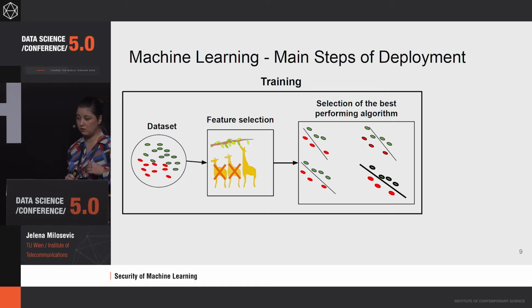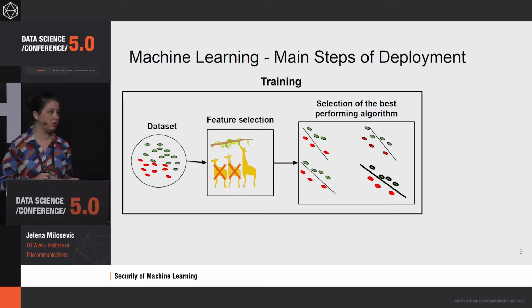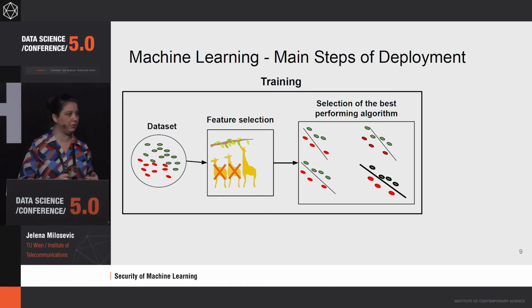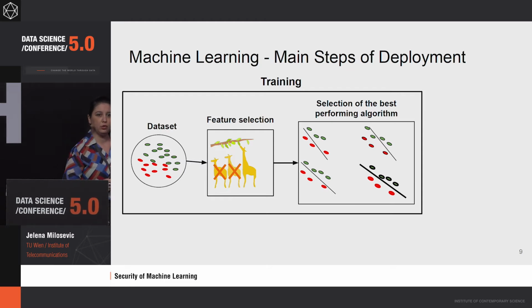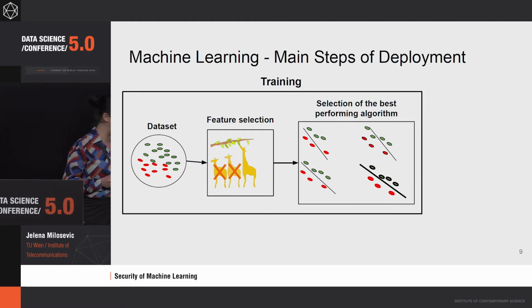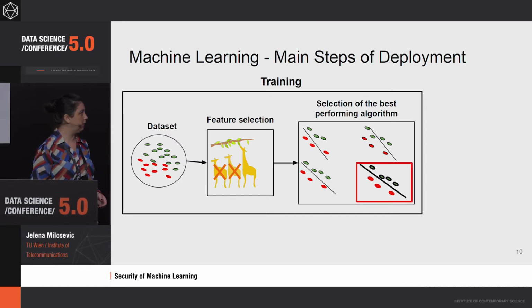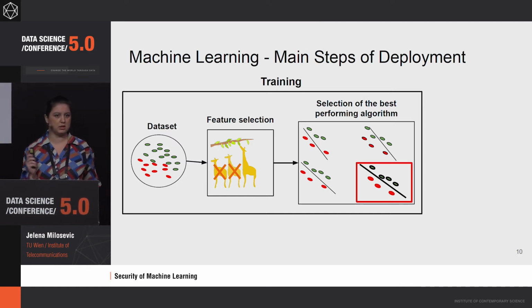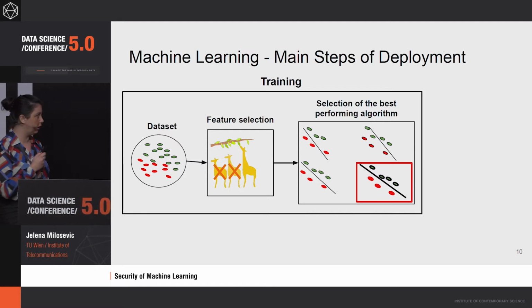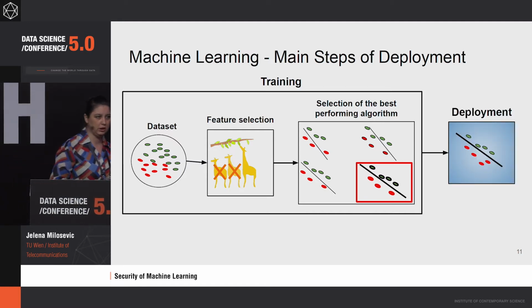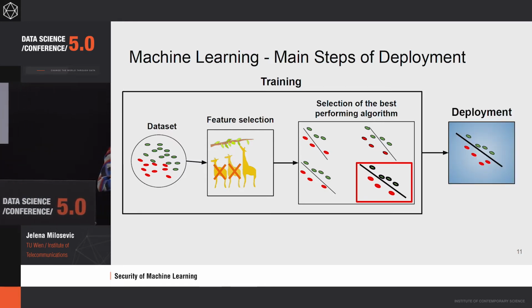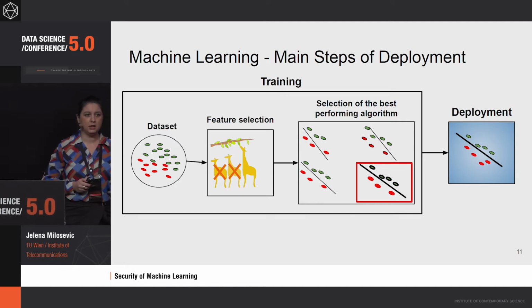After this process, we come to the selection of the best performing algorithms. And here we test a couple of systems, and based on their performance with respect to some metric that we use, we find one and we say, okay, this is a system I like. I'm going into the deployment stage with it, and here I basically hope for the best. I hope that the system performs well in deployment.